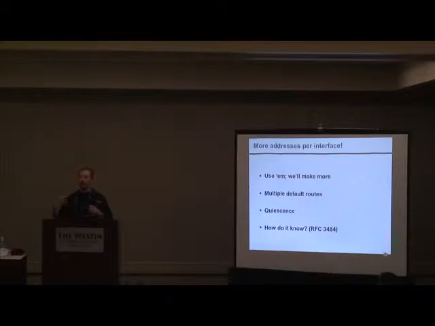If I'm sending to something else within my own prefix, presumably within my company, I will use that address. If I have something called a privacy address, which I use to somewhat obscure who I am on the internet, and I'm going out to someplace that's not within my own prefix, I will use that. So there are rules for what source address I should use.